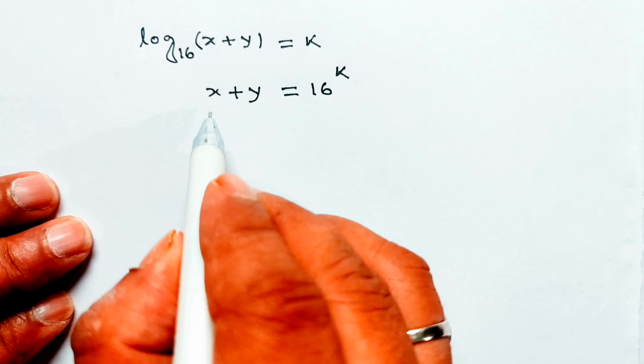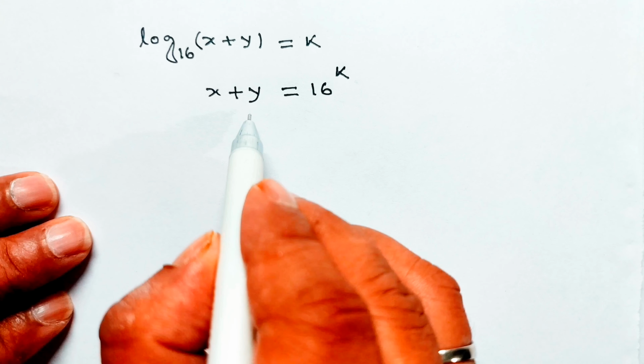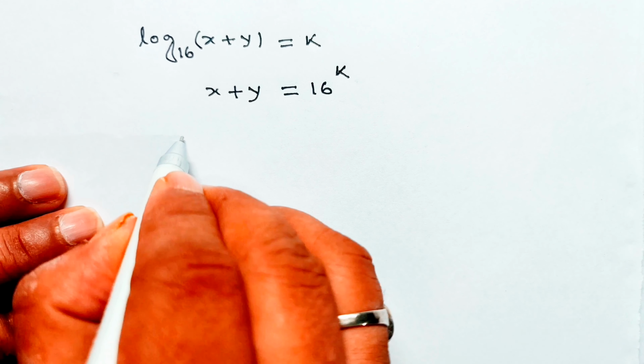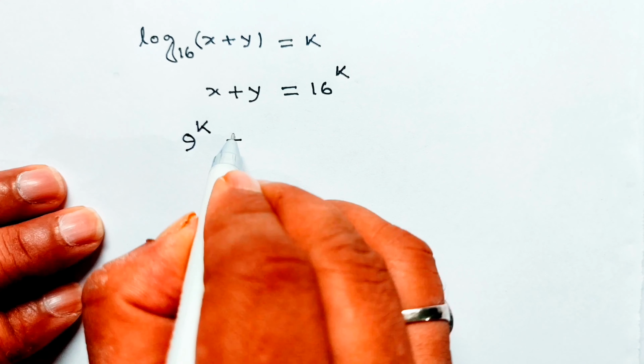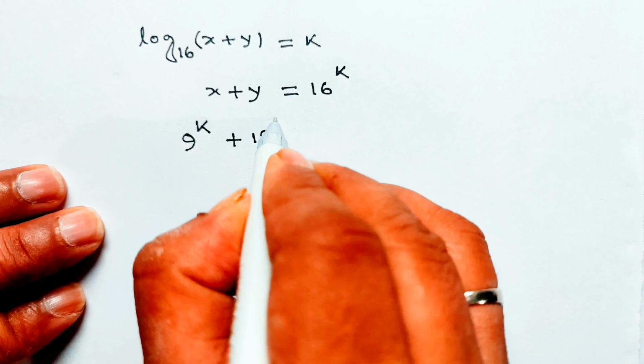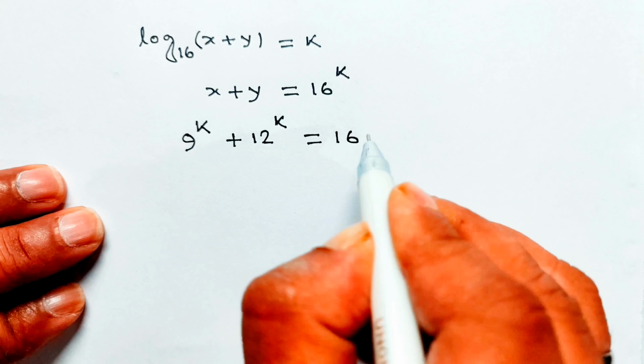x equal 9 to the power k, y equal 12 to the power k. Then 9 to the power k plus 12 to the power k equal 16 to the power k.